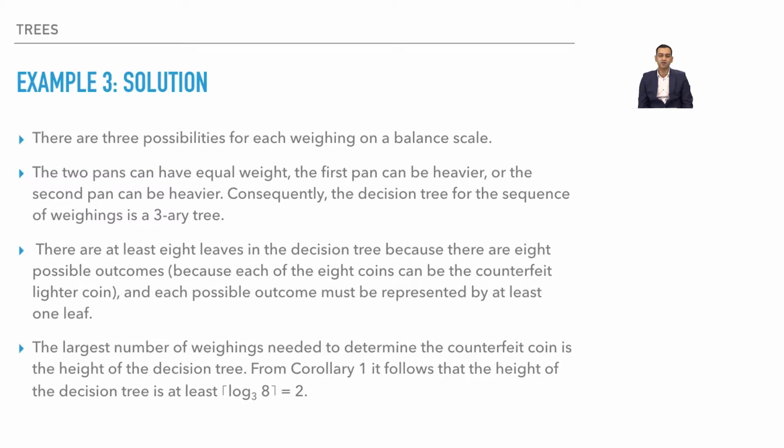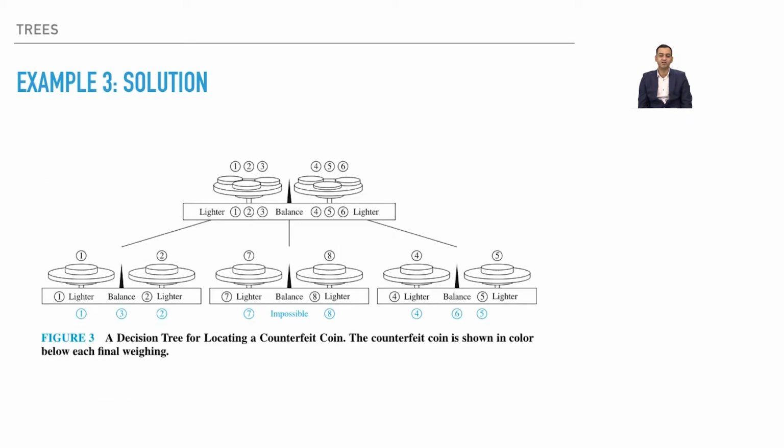From Corollary 1, it follows that the height of the decision tree is at least log base 3 of 8, which is 2. Hence, at least 2 weighings are needed. It is possible to determine the counterfeit coin using 2 weighings. The decision tree that illustrates how this is done is shown in Figure 3.